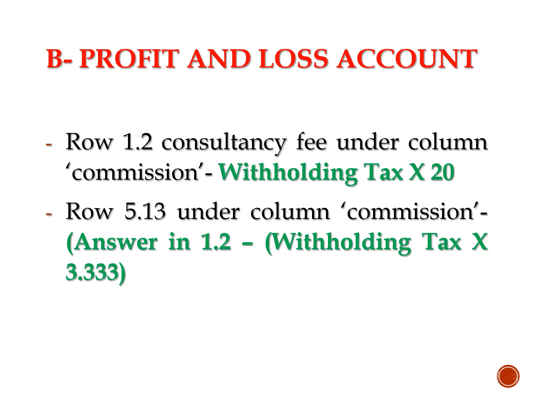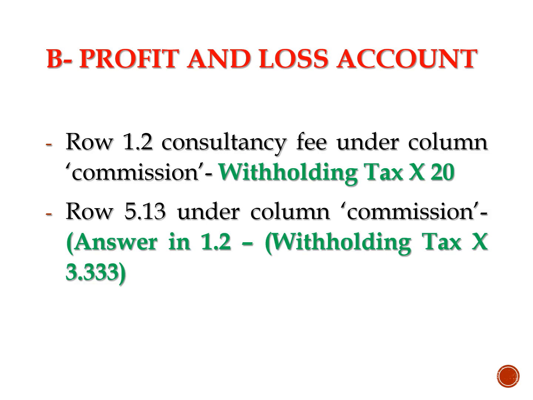For instance, mine was 1621 times 20. That one will give you the amount of money that you received before the withholding tax. So that is what you fill under the column commission on row 1.2.